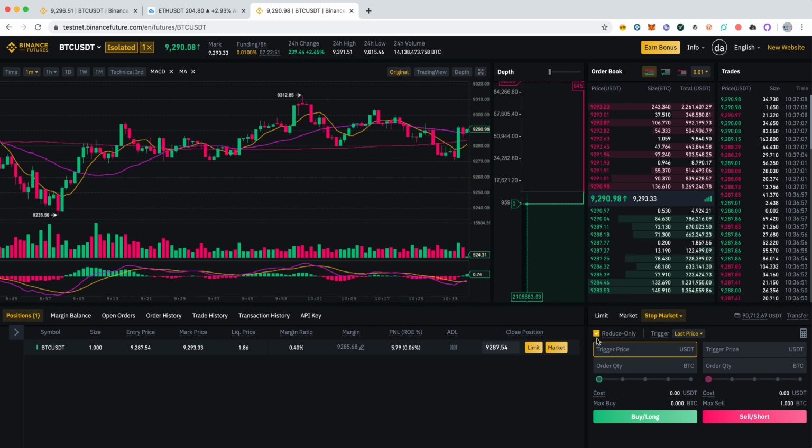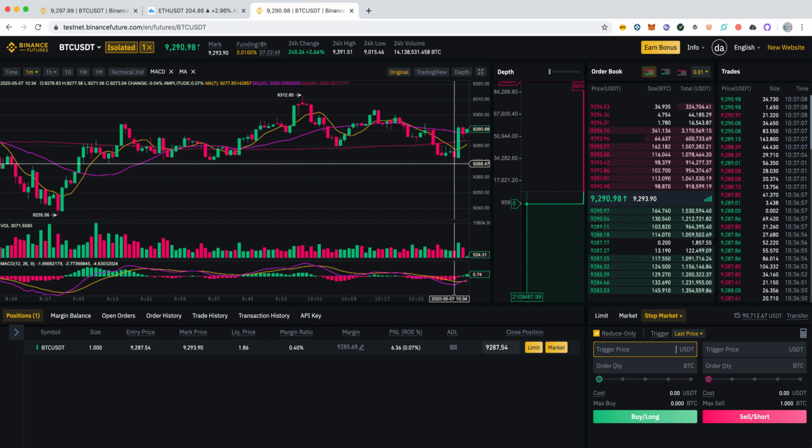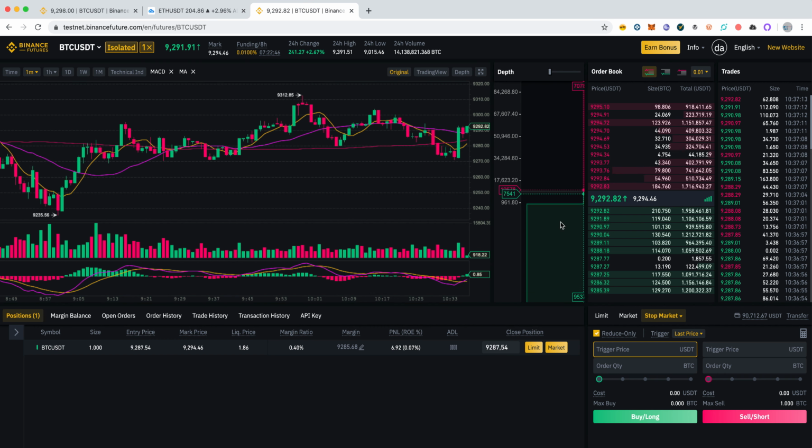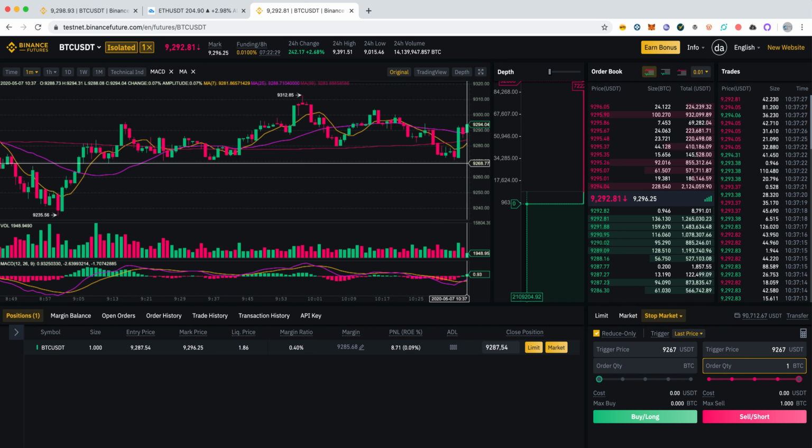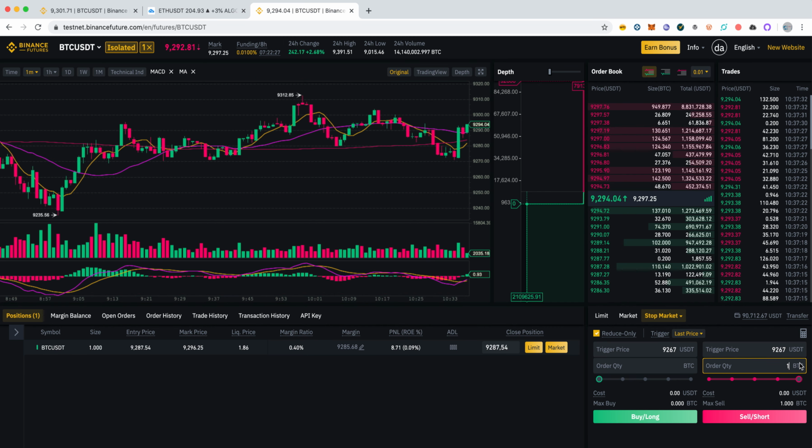Triggering price: if the price goes below this candle, $9,277, on the sell side, of course, because I have to sell to close my long position, I want to trigger a 1 Bitcoin sell. So if the price dumps here, this order will be executed. If price touches this price, 1 Bitcoin will be sold and my position will be closed.